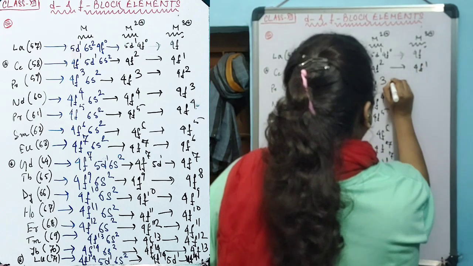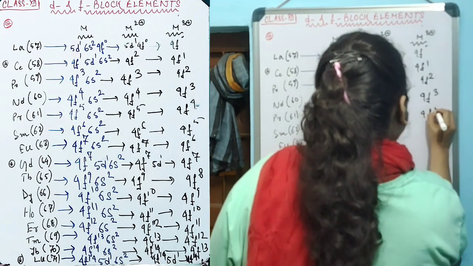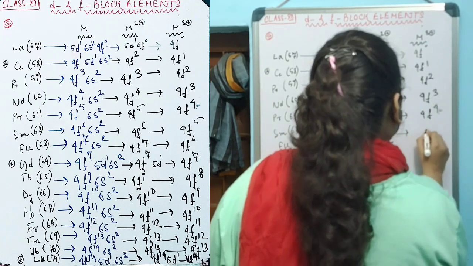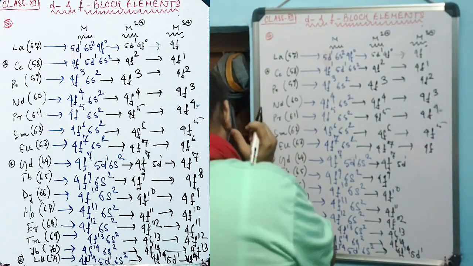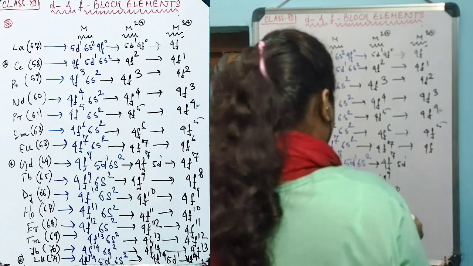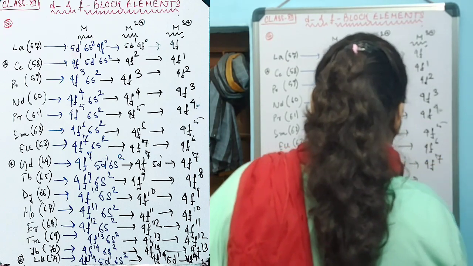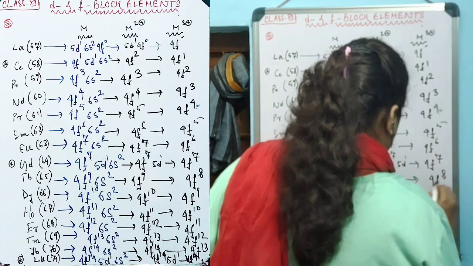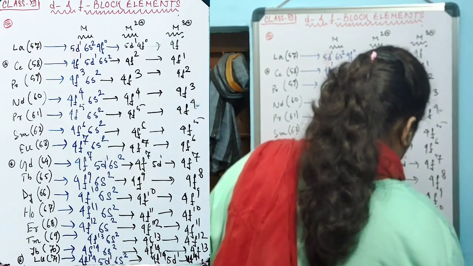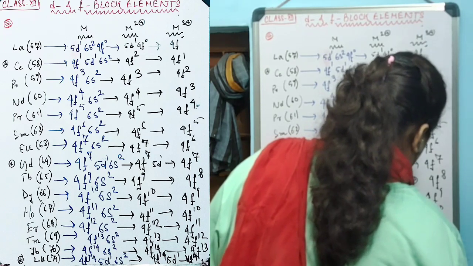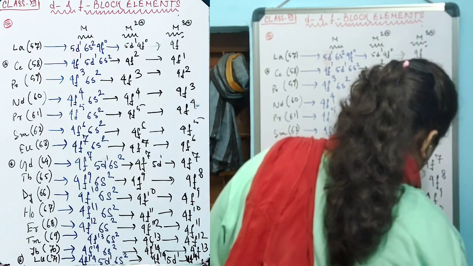This is 4f1, 4f2, 4f3, 4f4, 4f5, 4f6, 4f7, 4f8, 4f9, 4f10, 11, 12, 4f14.